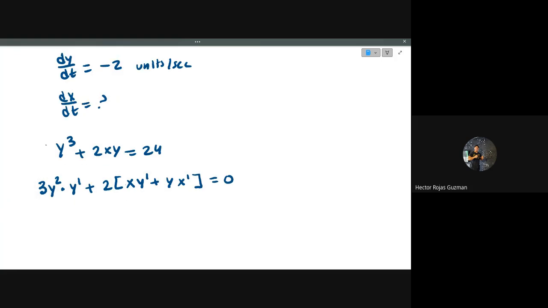Now, let's go ahead and plug in the conditions that we were given. The y value was given to us, and that's 2. y prime is also given to us. That's negative 2. Plus 2 times x, which is 4, times negative 2, plus y. y is 2, and we're looking for x prime.